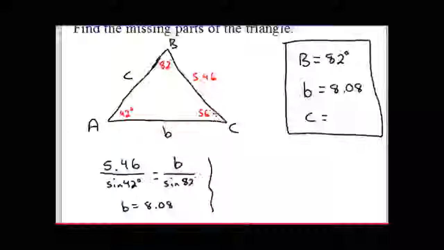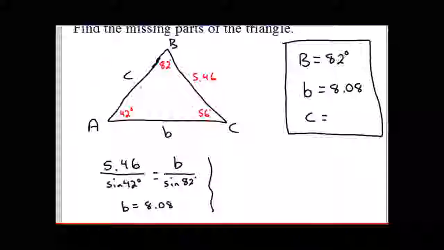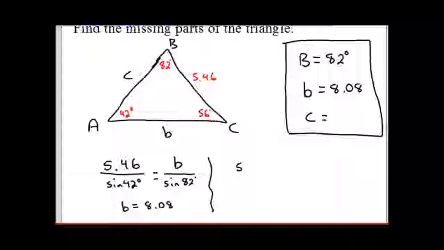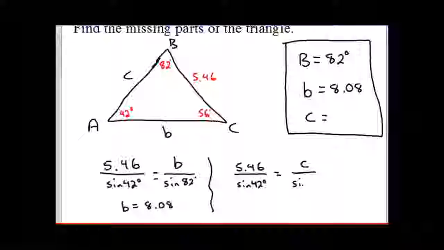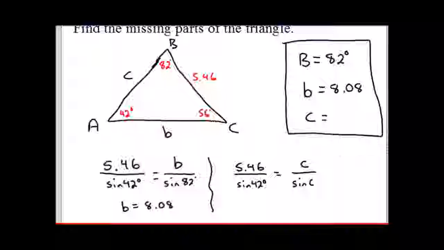Okay, now I'm going to do the same type of thing and find side C. So I'm going to put 5.46 over the sine of angle A, which was 42 degrees, and that should equal side C over the sine of angle C. I know angle C is 56 degrees.